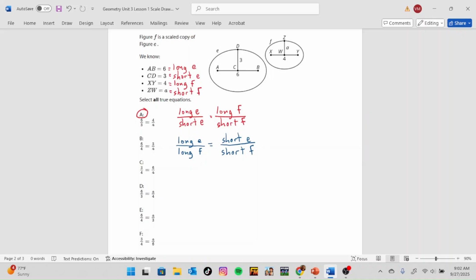Or, like in B, I have my long parts both on the left and my short parts both on the right. I want them to either be corresponding when I look left to right, or corresponding when I look up and down. So A and B are true equations.